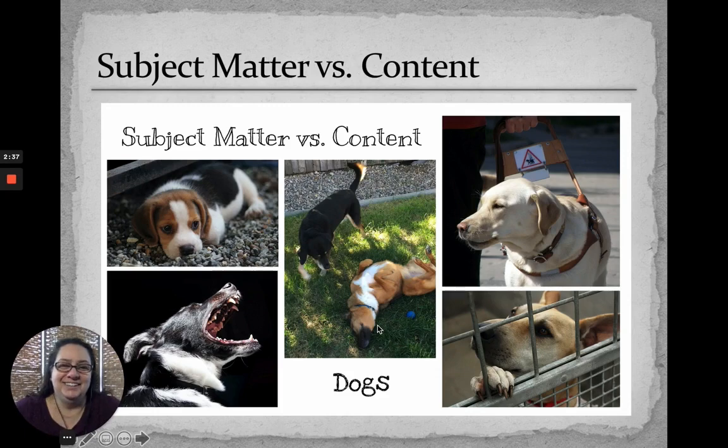Each one of these images has a subject matter that is a dog or dogs, but they are all communicating something very different. They have different messages, and that's really important to be aware of when you're trying to communicate specific ideas. So that's a fun idea to consider.